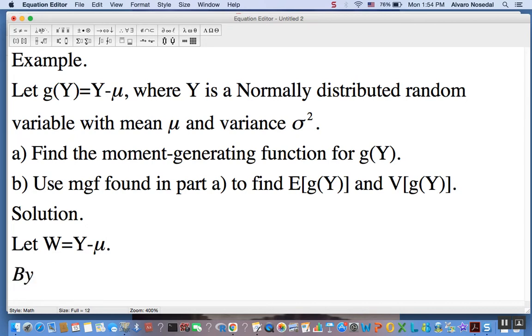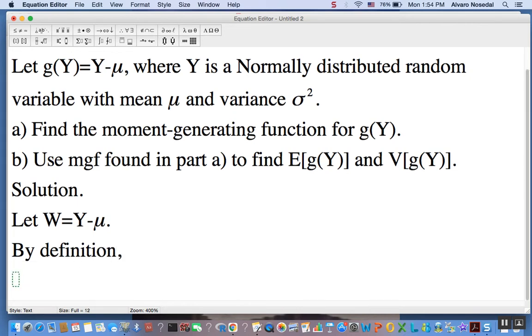So now, by definition, if I want the moment generating function of the random variable w, it would be the expected value of e to the power tw.